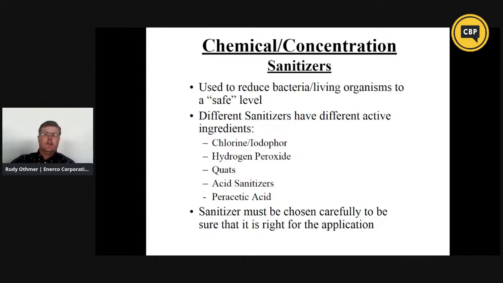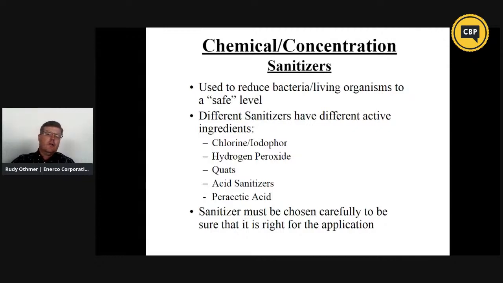There's a little bit of residual left over, and the quat has a characteristic of killing the head on the beer. So that's an undesirable side effect. So quats only on non-beer contact surfaces for that reason. Not because it's not labeled that way. It's just because it's a tidbit to keep in mind.